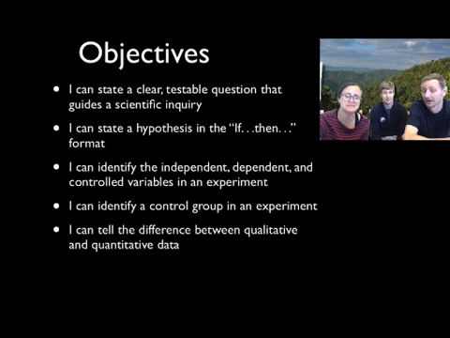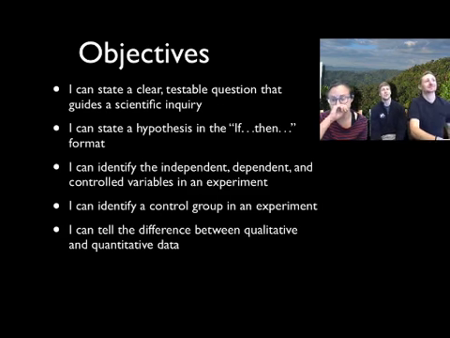Let's sum it up. So you should be able to state a clear, testable question that guides a scientific inquiry. We talked about how to make your questions better. We want you to be able to make sure that you can give us a hypothesis in that if, then, and usually because format.